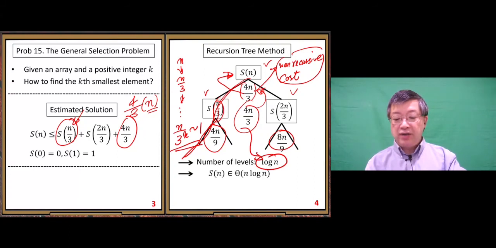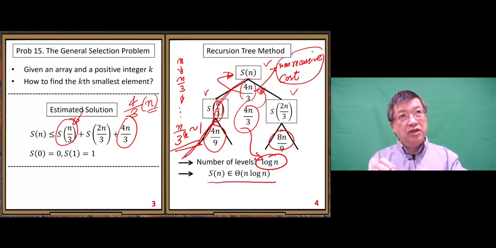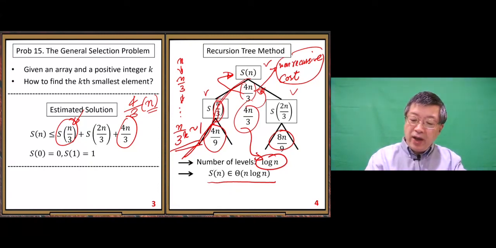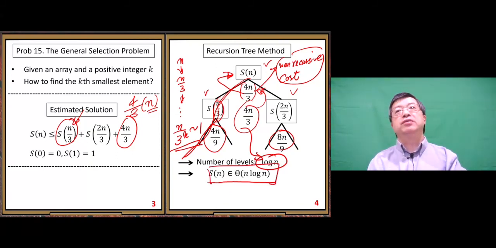So you will get a constant times n log n. The constant is not important, so we don't need to mention it. So, big theta of n log n. That is our estimate.